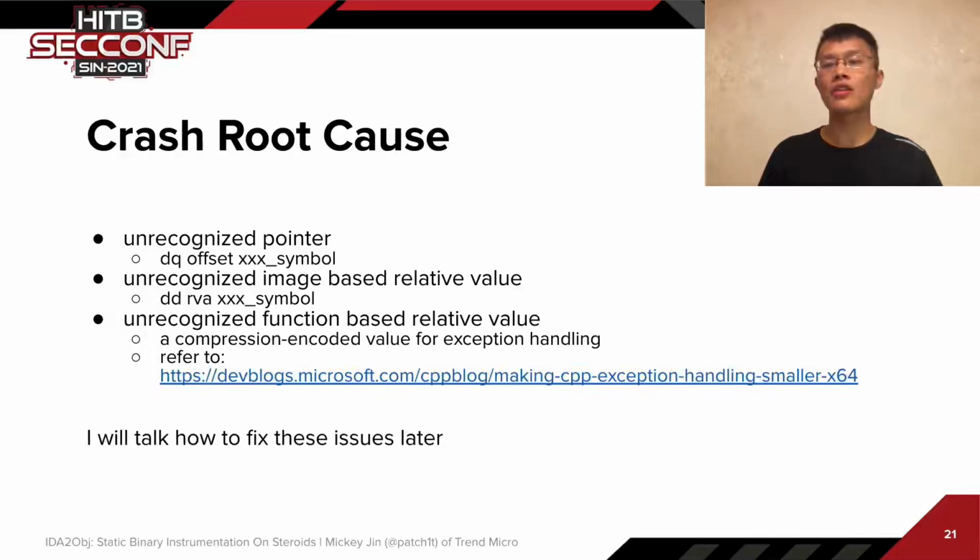The second is the unrecognized image-based relative value, such as DD RVA a symbol. The third is the unrecognized function-based relative value. It is a compression-encoded value for the exception handling. I will talk about how to fix these issues later.